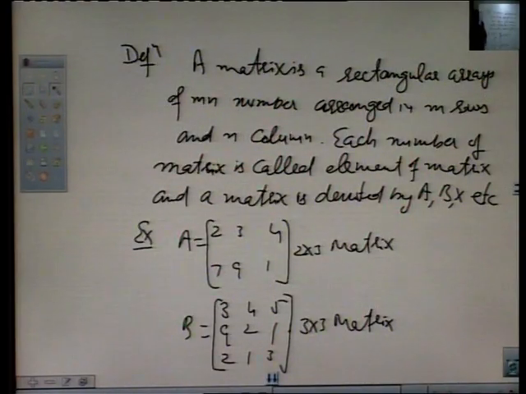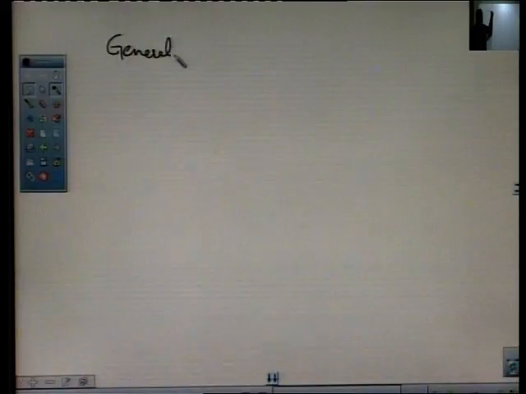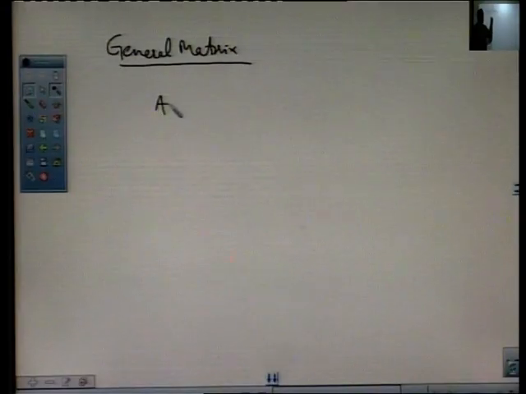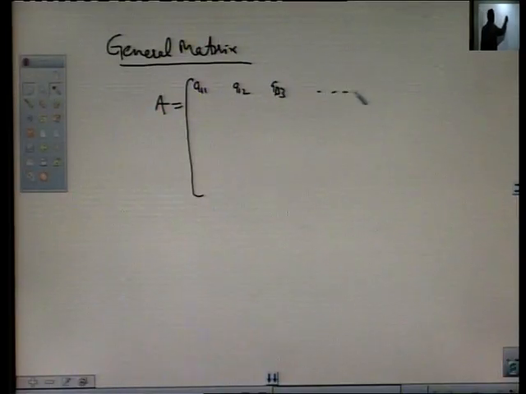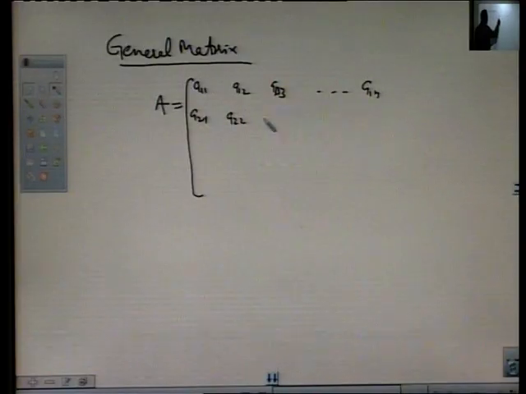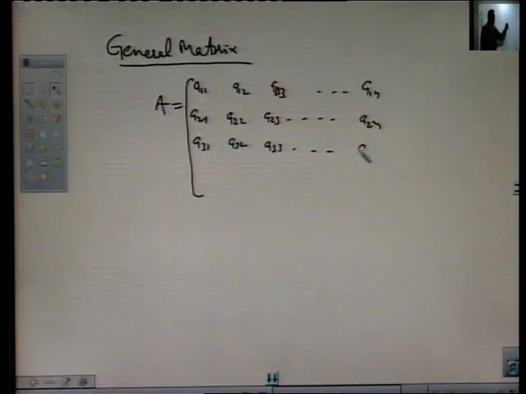Again, general matrix: A11, A12, A13 and so on, A1n; A21, A22, A23 and so on, A2n; A31, A32, A33 and so on, A3n and so on.